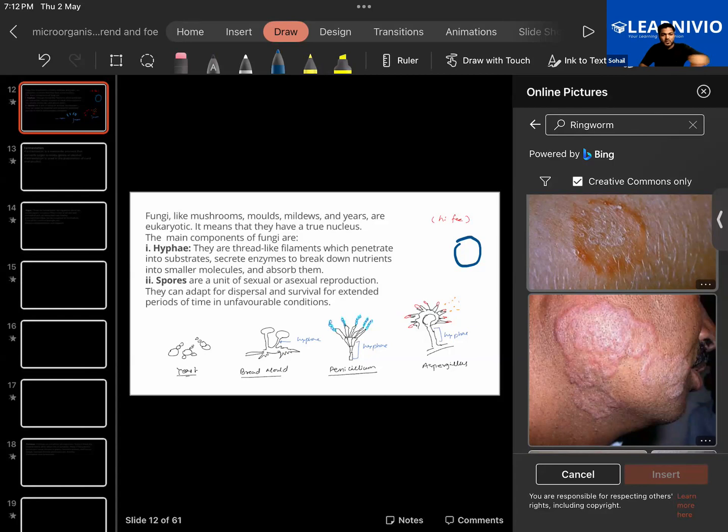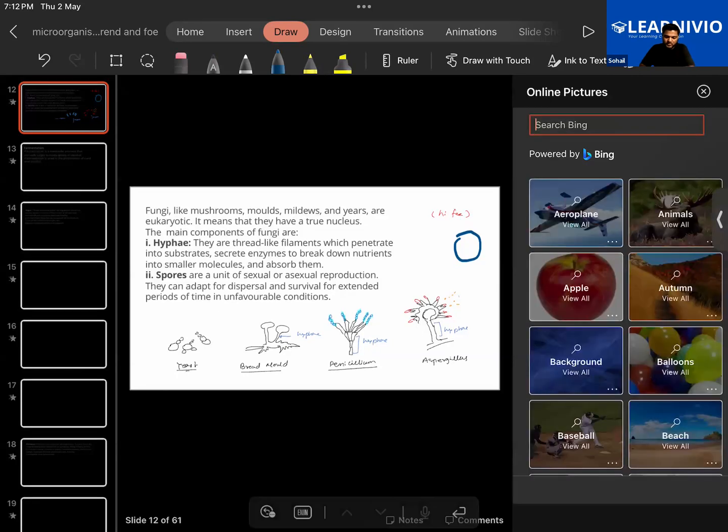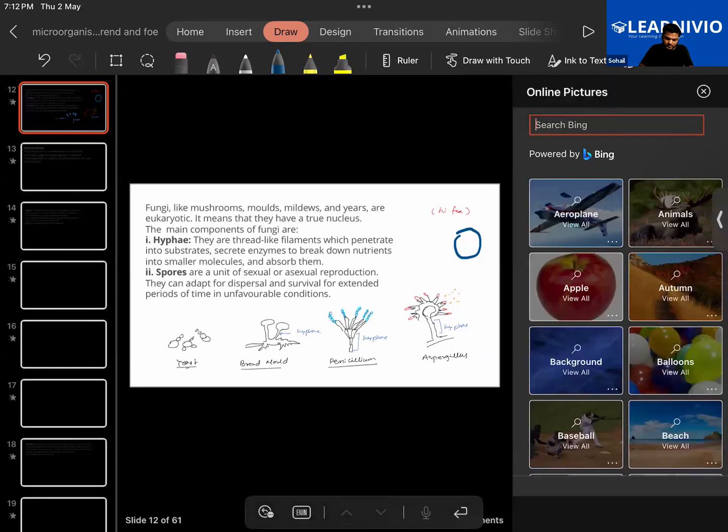Yeah, sorry. So this is the ringworm which you have. Now let me show you the image of athlete's foot. It's not working. One moment.